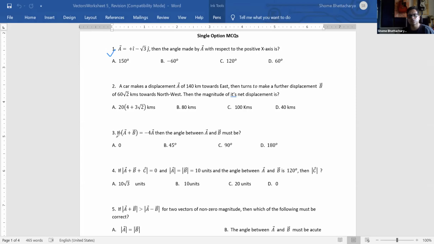So do the first question and the fourth question to start with. Start with these two questions, first and fourth.